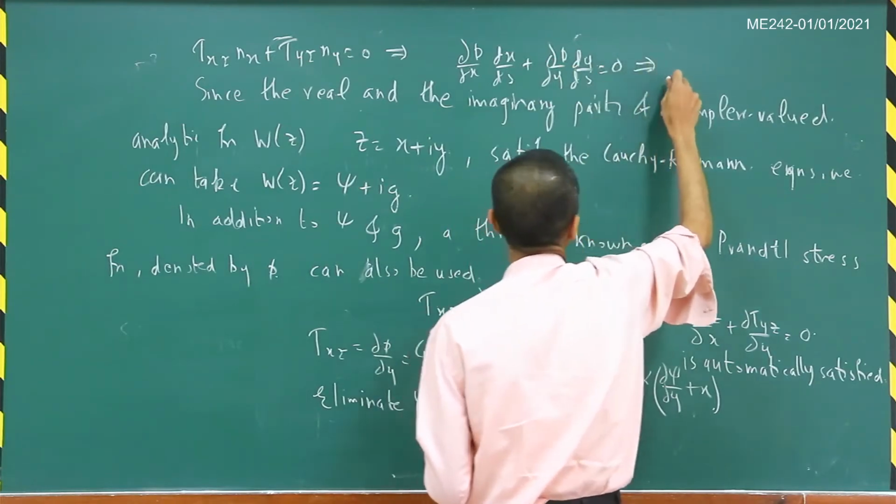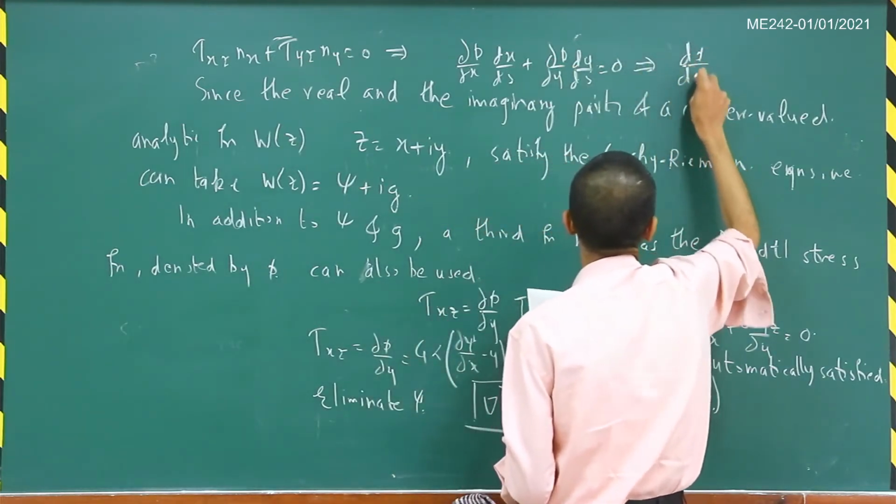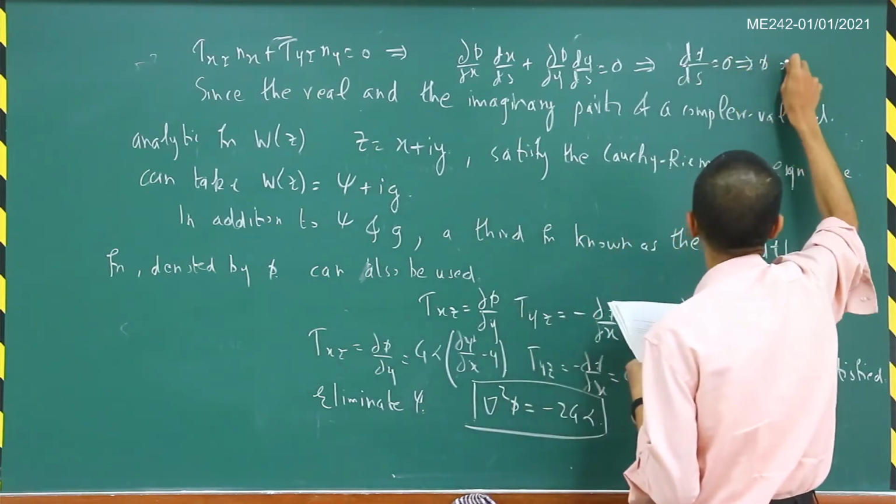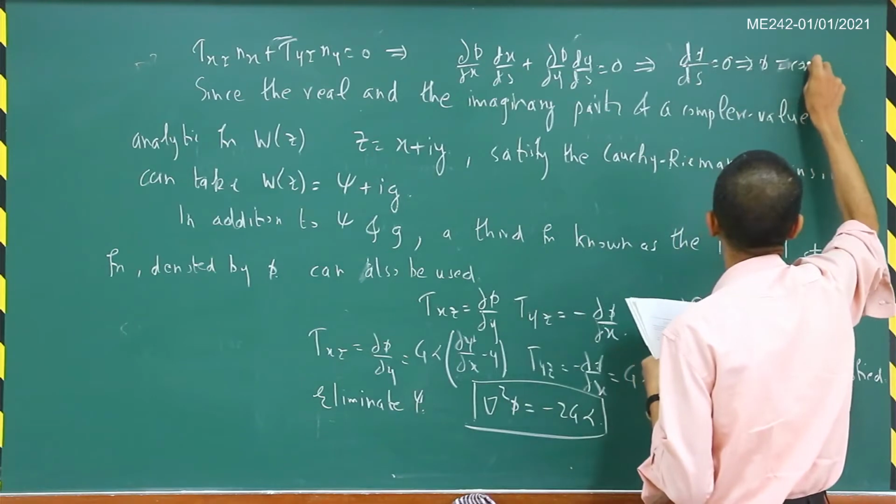So this implies that d phi by ds is equal to 0. So this implies that phi is equal to constant on C.